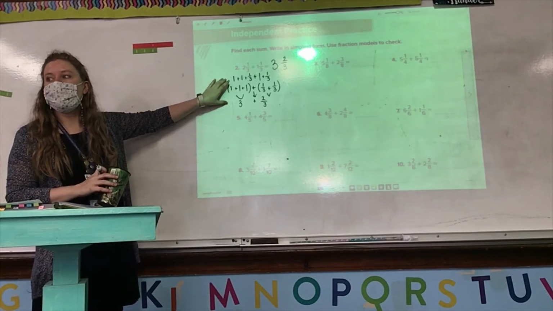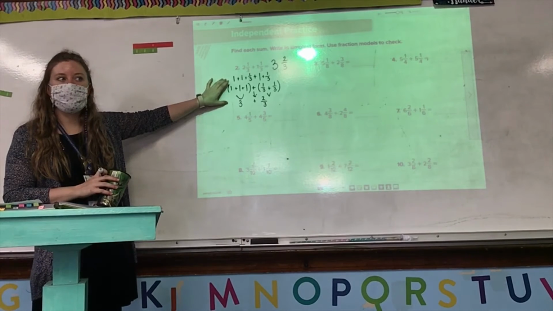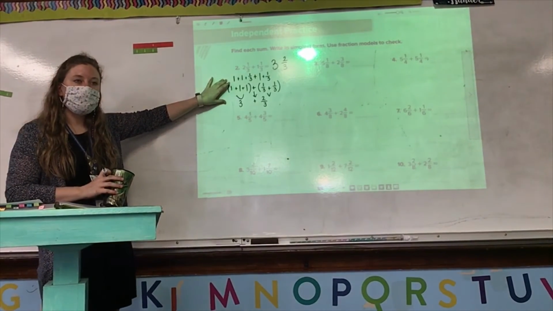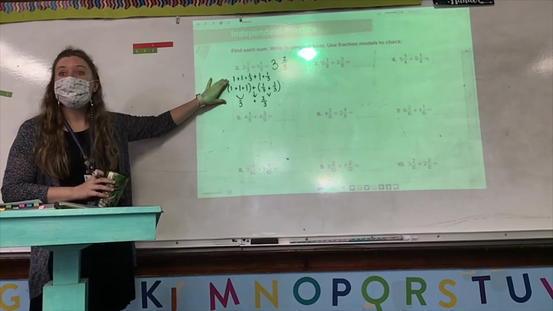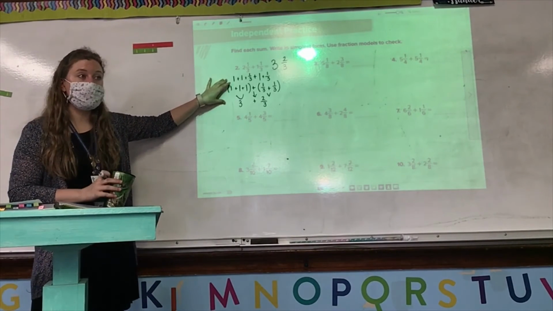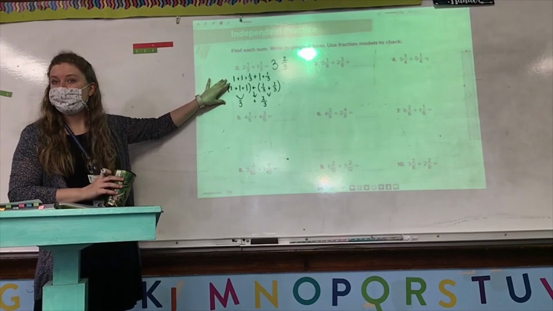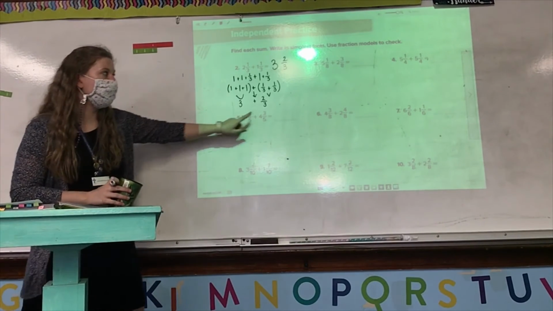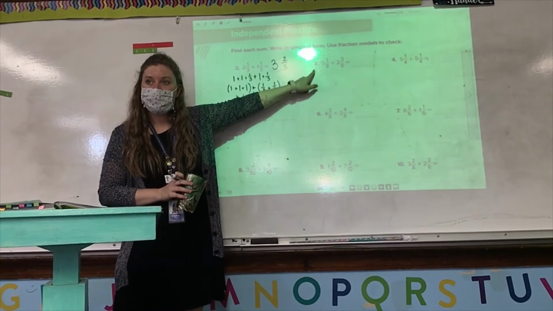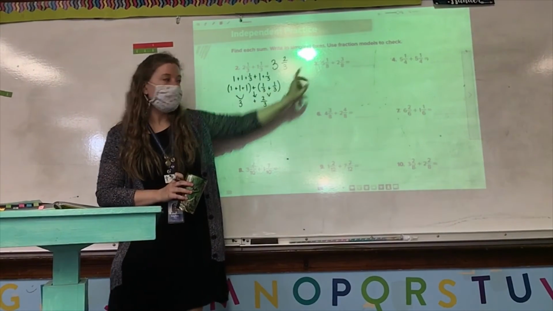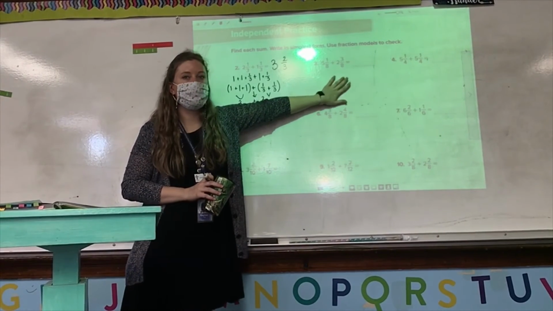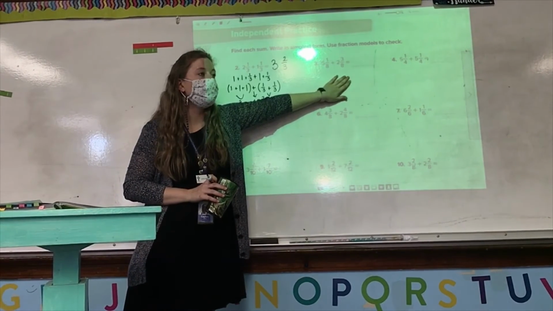Now, if you struggled or got frustrated because it was hard to fit all this on your page, what should you do for the rest of them? Go to your separate sheet of paper. You're doing the same exact thing. You're just giving yourself more space. If your writing is covering up number 5 or going into your space for number 3, what should you do?